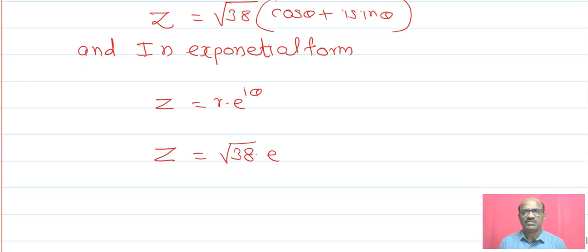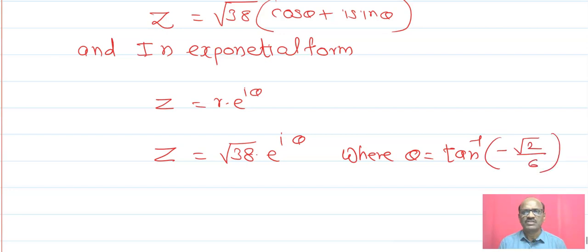Therefore, root of 38 e raised to i theta, where theta is tan inverse of minus root 2 upon 6. This is in the exponential form.